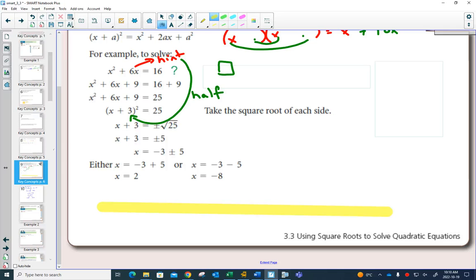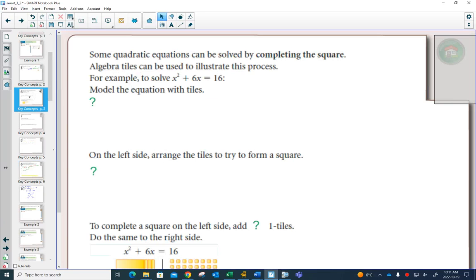And the reason it's called completing the square is because the x squared plus 6x isn't a perfect square yet. You had to add the 9 to make it a perfect square. So if it wasn't a complete square, you had to add it to complete the square. Now, when they show this with algebra tiles, and I'll just show it to you temporarily, they're like, oh, you have x squared plus 6x.